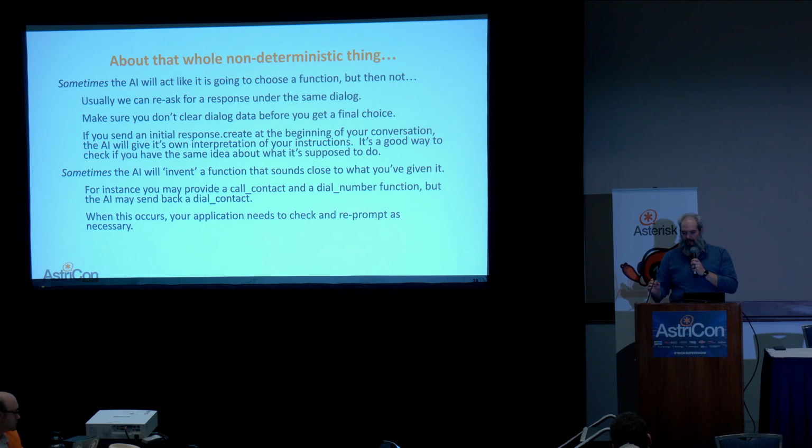Another thing to do: you can do an initial response create at the beginning of your conversation. When the user calls in, you still need some kind of prompting to get the conversation started, right? So you're either going to play back a pre-canned message or you're going to have the AI start talking.